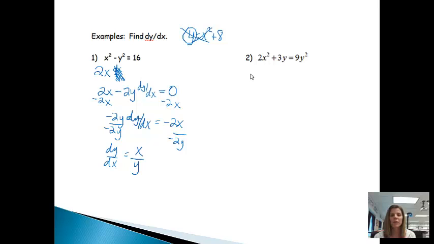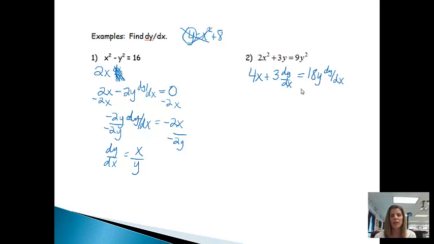The derivative of 2x squared will be 4x, and then plus the derivative of 3y, which would be 3, but we're taking the derivative of y with respect to x, so we need to make sure that we include that dy/dx. Then equals the derivative of 9y squared, which would be 18y, and again we're taking the derivative of y with respect to x.